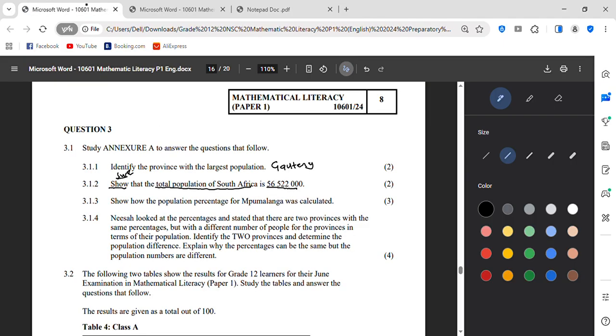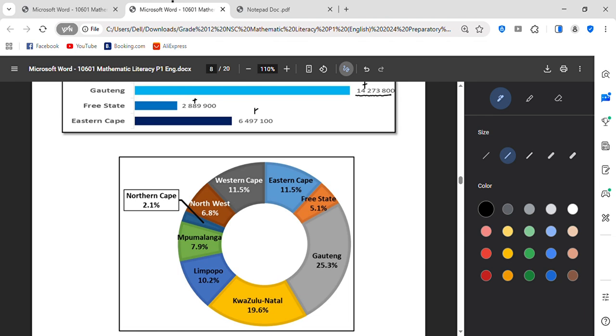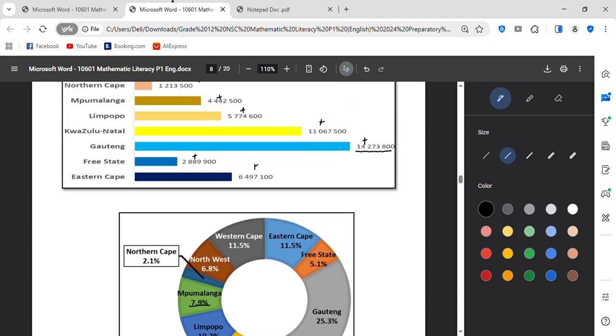3.1.3 says, show how the population percentage from Mpumalanga was calculated. Same thing here. We also need to be sure of our calculation. The percentage from Mpumalanga is 7.9. The population of Mpumalanga is 4,422,500.